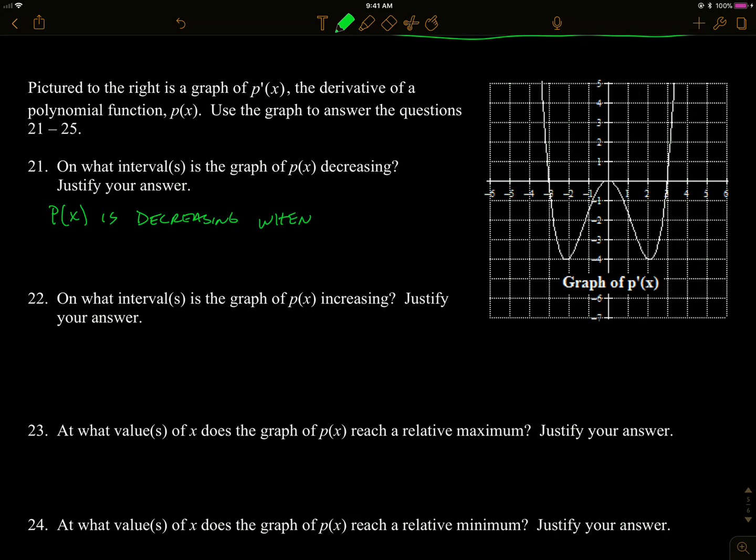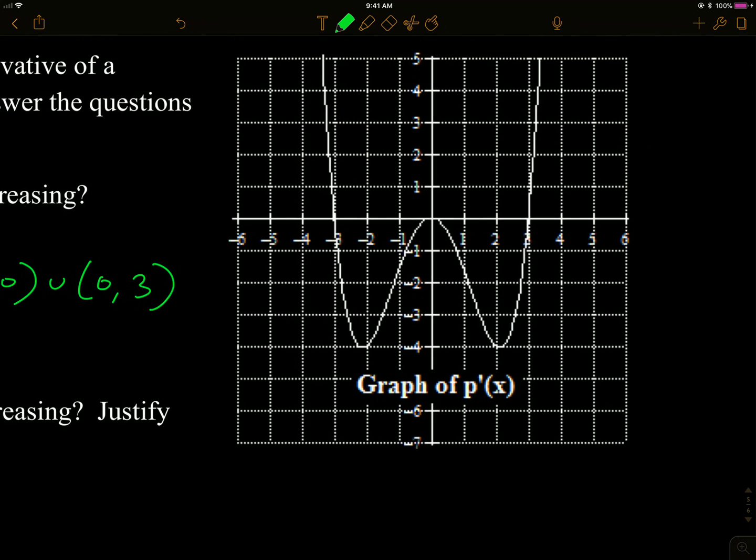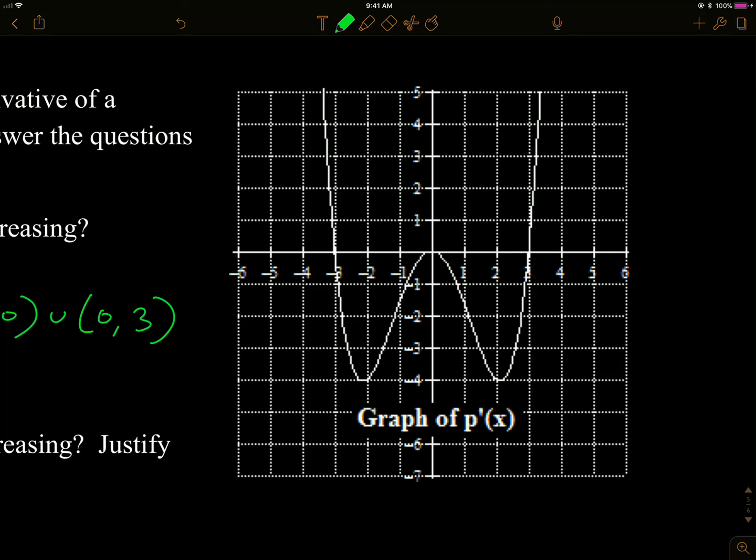on the interval -3 to 0 union 0 to 3, because the derivative is less than 0. So how do we see on a graph of the derivative when it's less than 0?